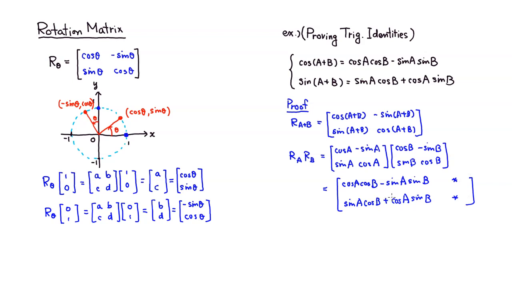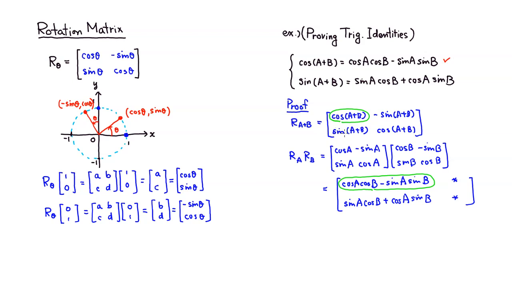We know that this matrix and the first matrix are exactly the same. So we have cosine of A plus B equals cosine of A cosine of B minus sine of A sine of B, which is the first identity here.